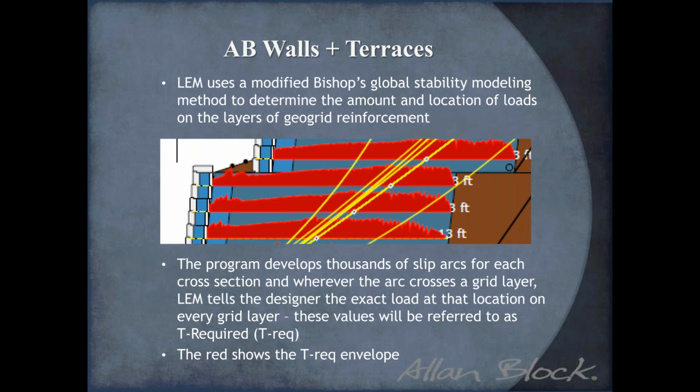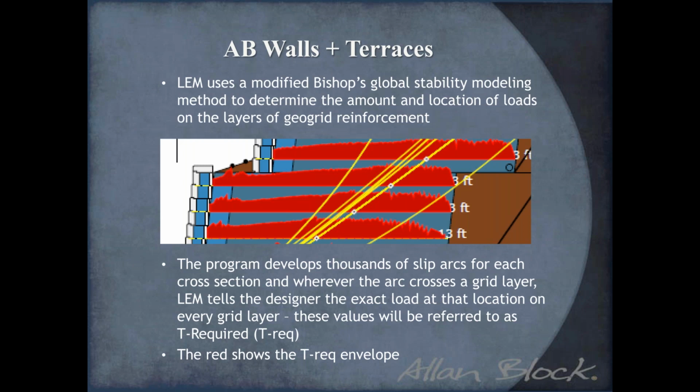So those of you that know even a little bit about global stability, you know that how it works is that above any slip arc that's analyzed, you're going to develop forward sliding forces along that slip plane. And if that slip plane does not have enough internal friction along the slip plane, you're going to have positive forward forces.